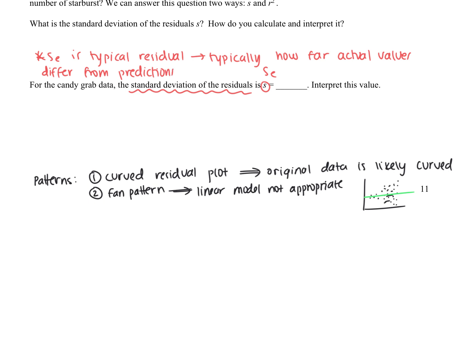You are not going to have to calculate this. You are just going to have to interpret it. Let's say we're still using the hospital data. I don't know what SE is, so I'm just going to say it's 7.2.